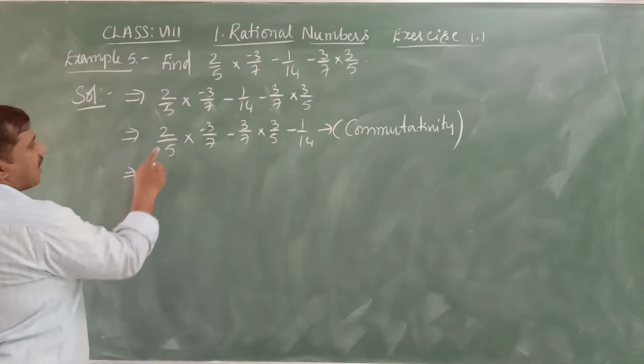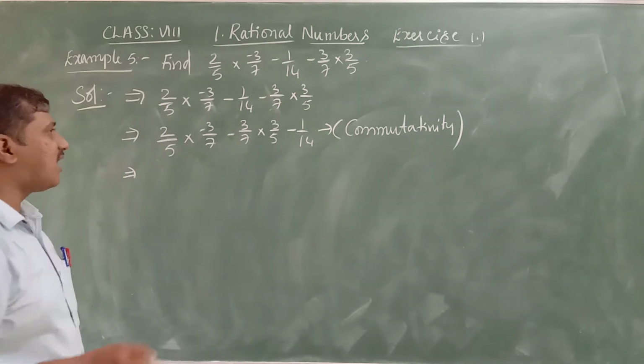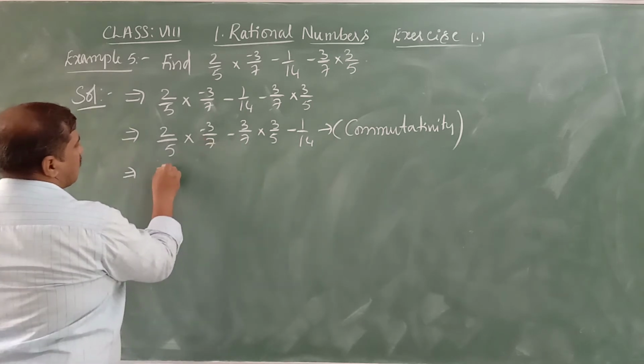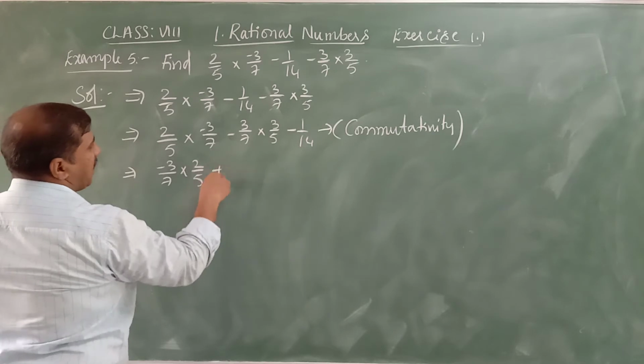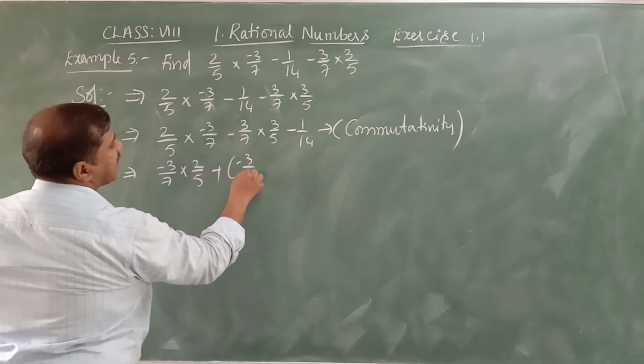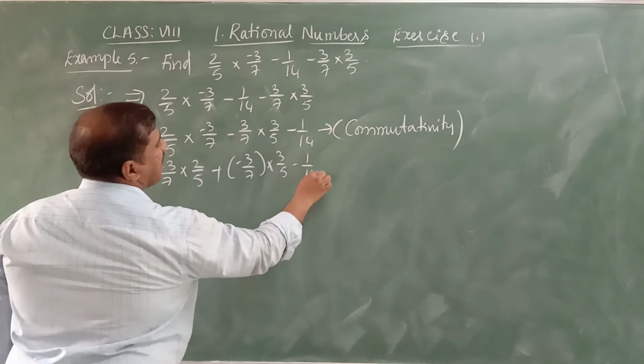Now you see this, interchange these products. A into B as B into A, by using again the commutative property in multiplication. So minus 3 by 7 into 2 by 5 plus minus 3 by 7 into 3 by 5 minus 1 by 14.